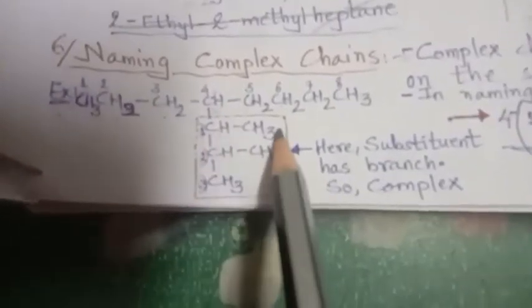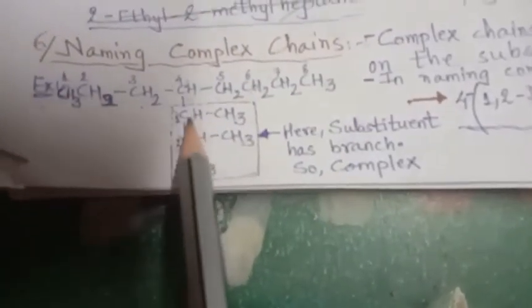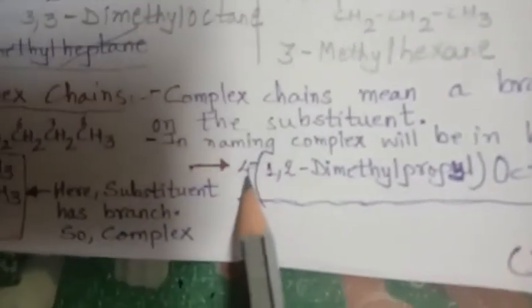On the first carbon we have a methyl group attached. On the second carbon also we have a methyl group attached. So it will be 1, 2 dimethyl. And what is the branch? 1, 2, 3 propyl. So see here, on the fourth carbon a sub-branch is there.